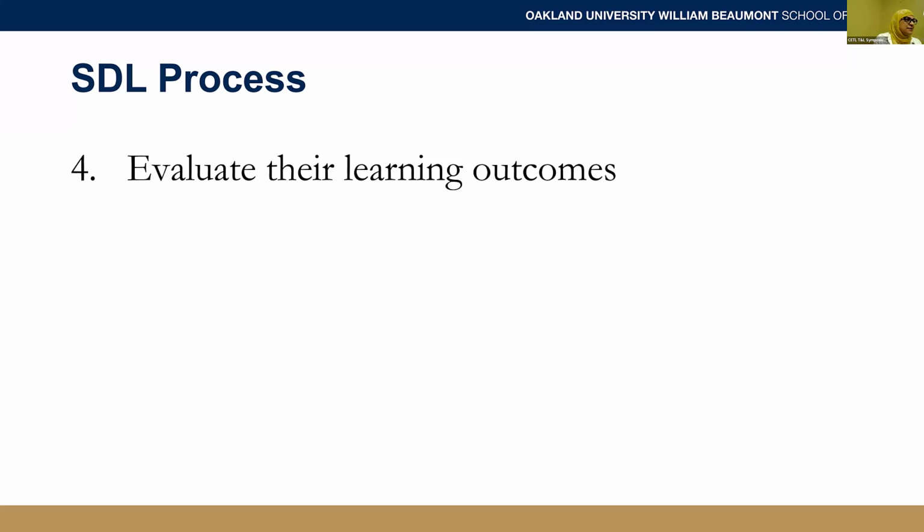And at the end, you leave learners to evaluate their learning outcomes. So with all of these processes, there are certain skills learners will develop or acquire if you let them do all of these.